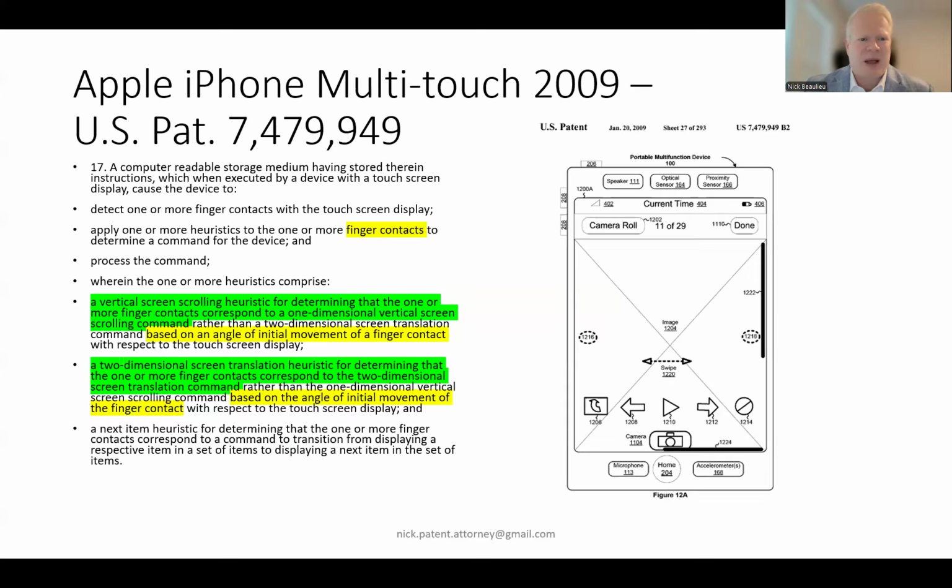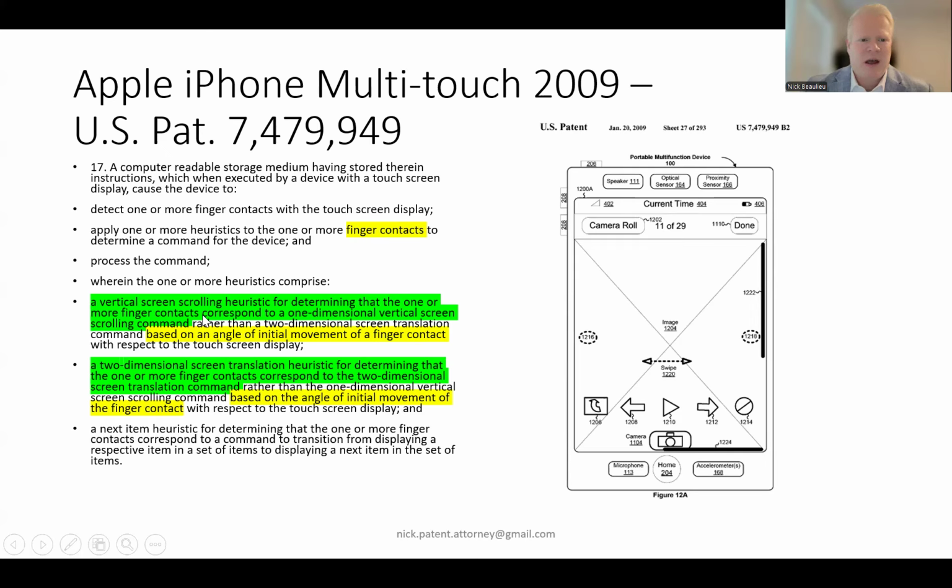So basically you're touching the display, apply one or more heuristics to the one or more finger contacts to determine a command for the device, process the command wherein the one or more heuristics comprise a vertical screen scrolling heuristic for determining that the one or more finger contacts correspond to a one-dimensional vertical screen scrolling command rather than a two-dimensional screen translation command based on an angle of initial movement of the finger contact with respect to the touch screen display.